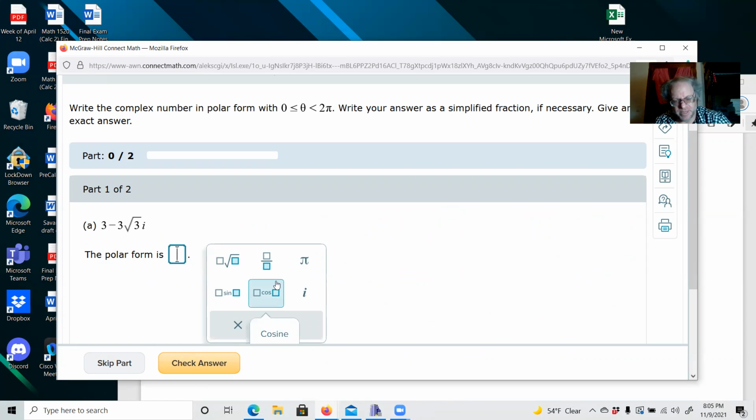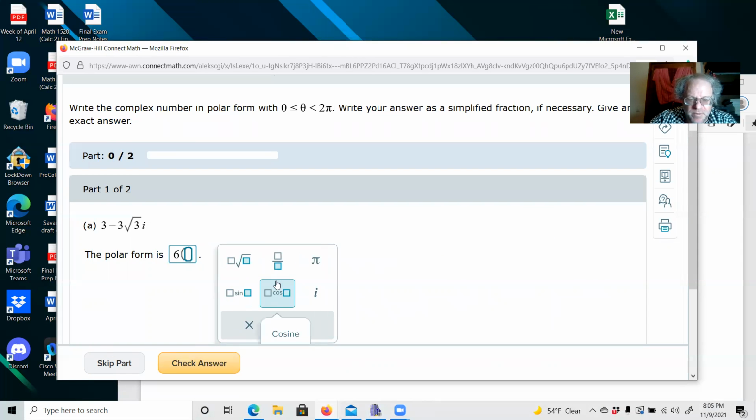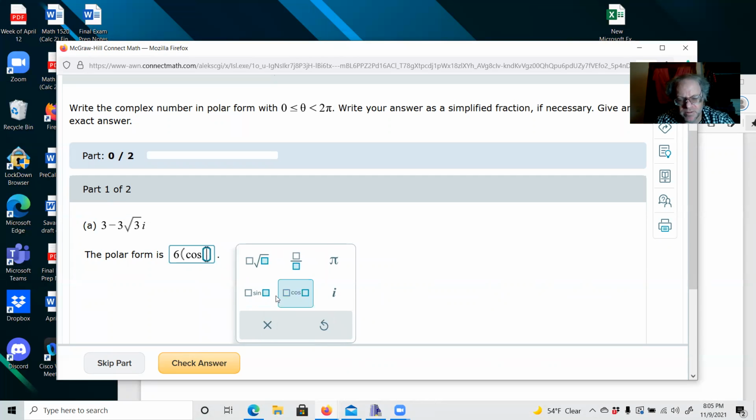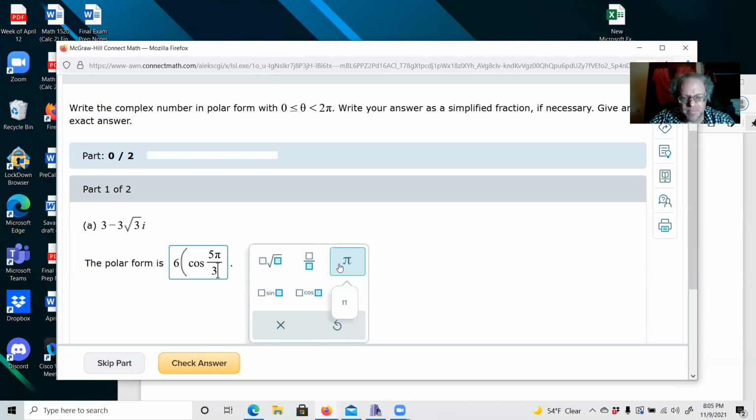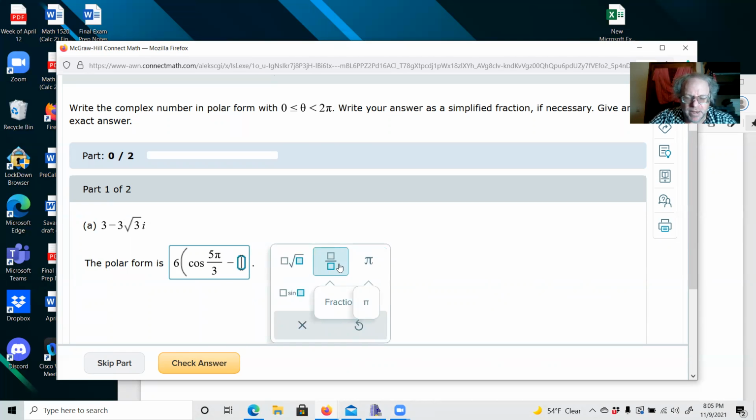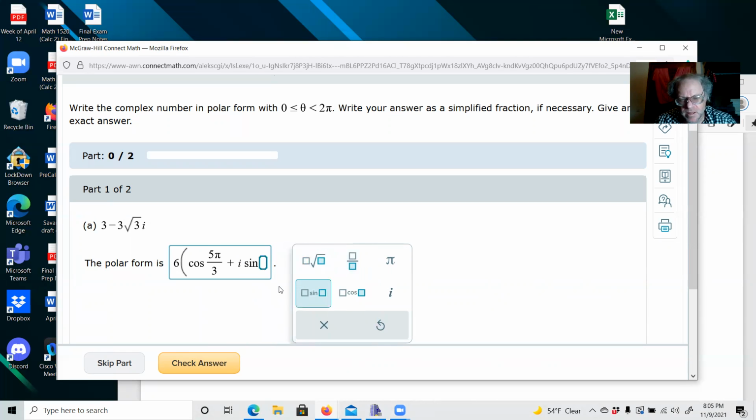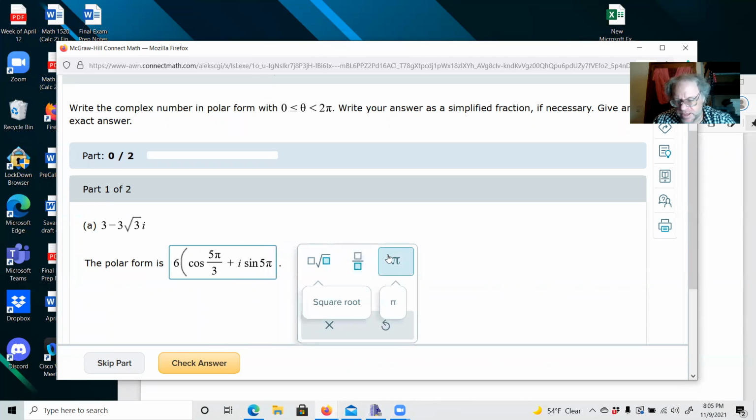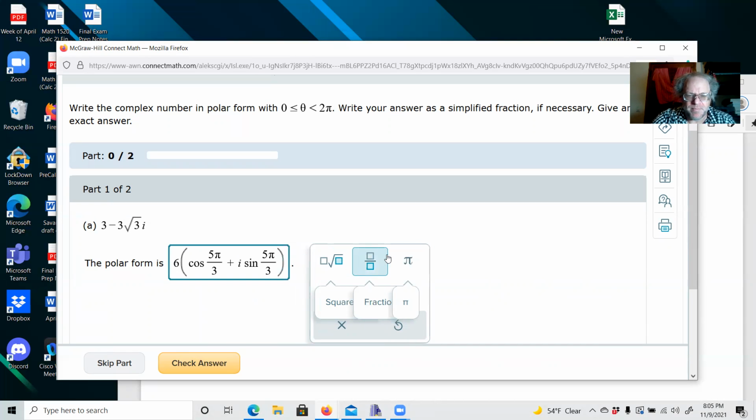So this is going to be r, well, we're going to be 6 times the cosine of 5 pi over 3, plus i sine of 5 pi over 3. Okay, and that should be what they're looking for there.